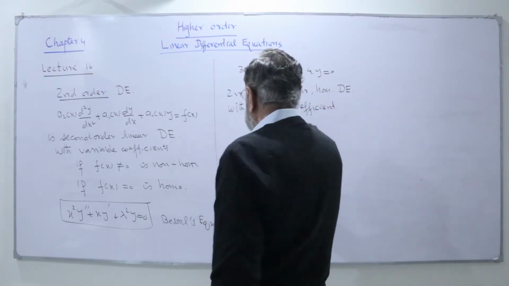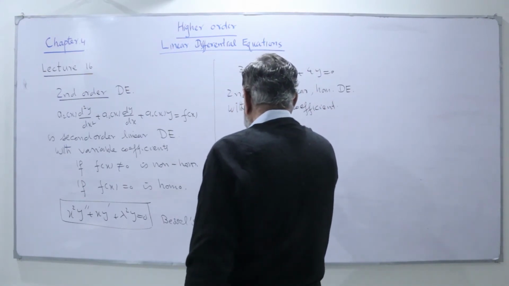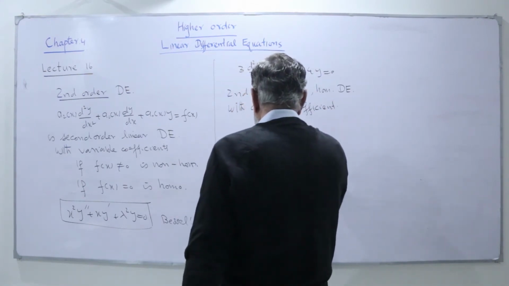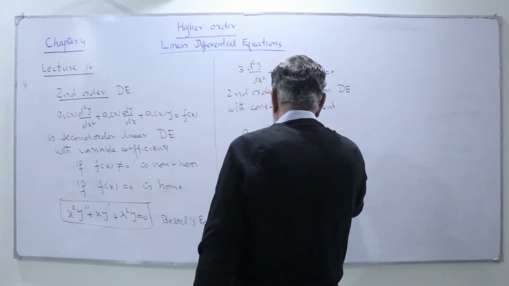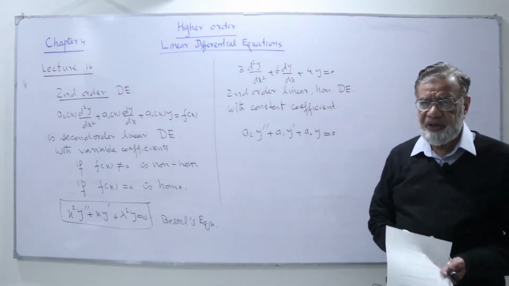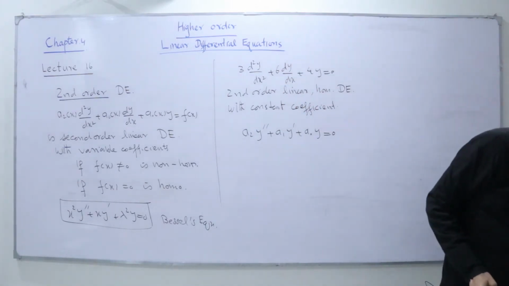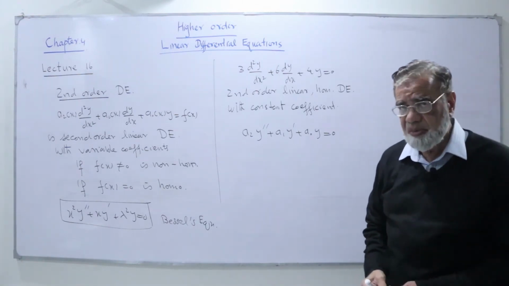In general, we can write a2 y double dash plus a1 y dash plus a0 y equal to 0. In a fundamental course of differential equations we mostly take constant coefficients, and in higher courses we take variable coefficients.